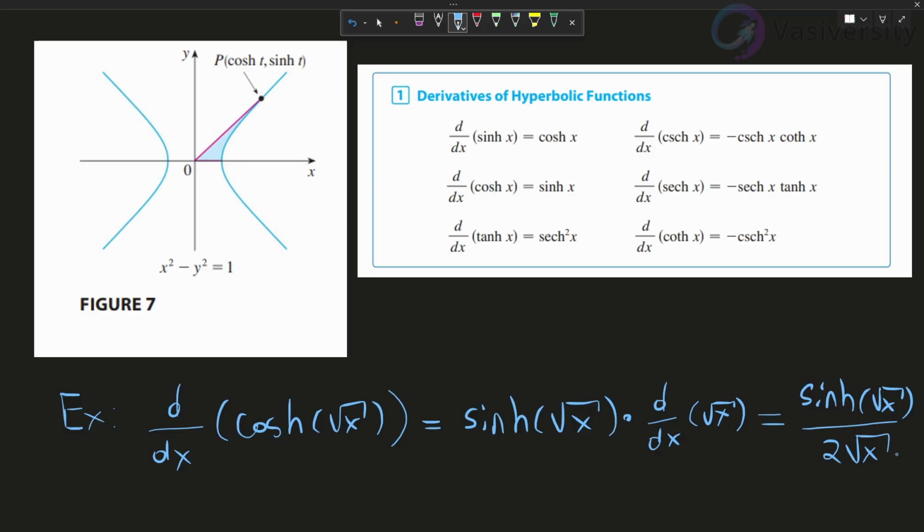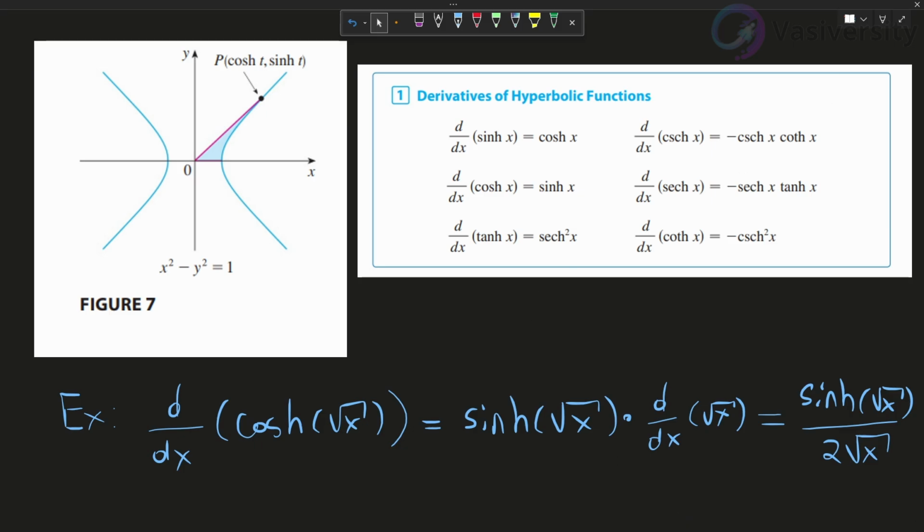We can do the same thing using the power rule, chain rule and quotient rule, so we'll be able to take the derivatives as we wish.